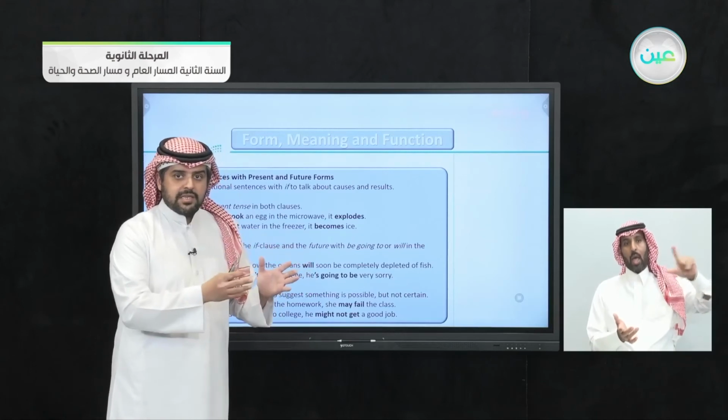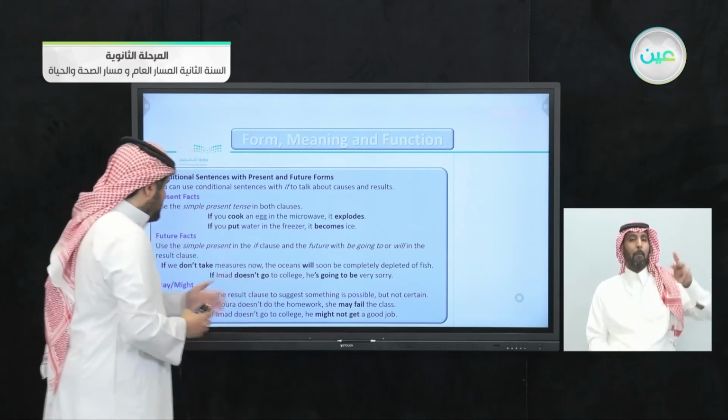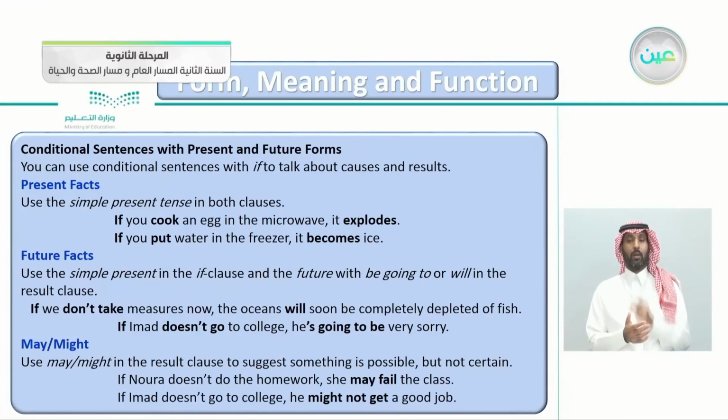If we are not certain, maybe it's possible, we use may or might. For example here, if Noura doesn't do the homework, she may fail the class. We are not certain that she will fail. She may fail the class. If Imad doesn't go to college, he might not get a good job.